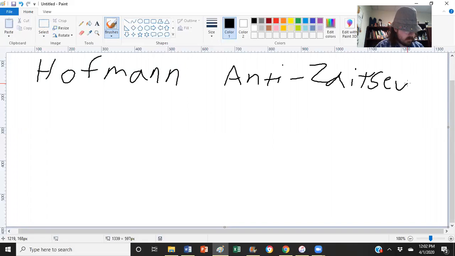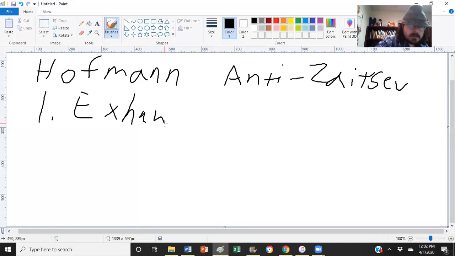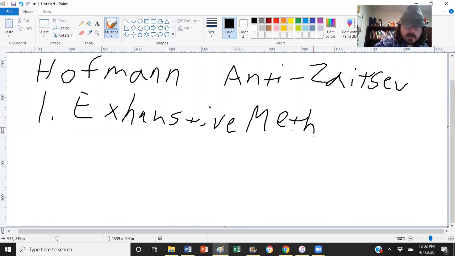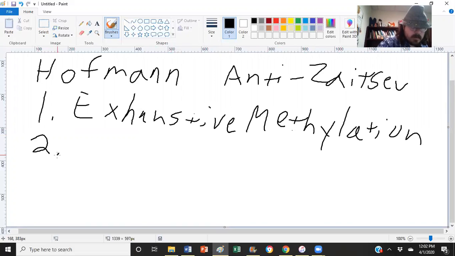We can break it down into three steps. Step 1 is our exhaustive methylation. Step 2 is to convert to the ammonium hydroxide salt.